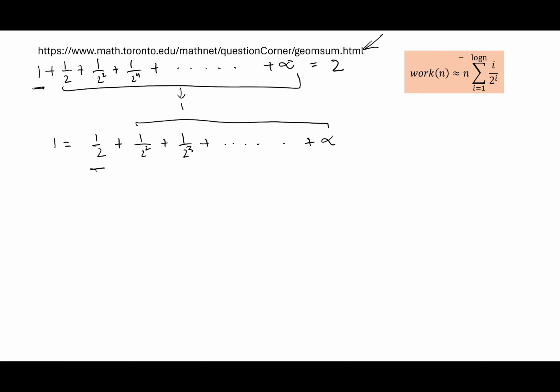I leave the half, so the rest is half. Can I say that? Sorry, it's not infinity. It should be 1 over 2 to the power infinity. Yeah, it's a very small number.